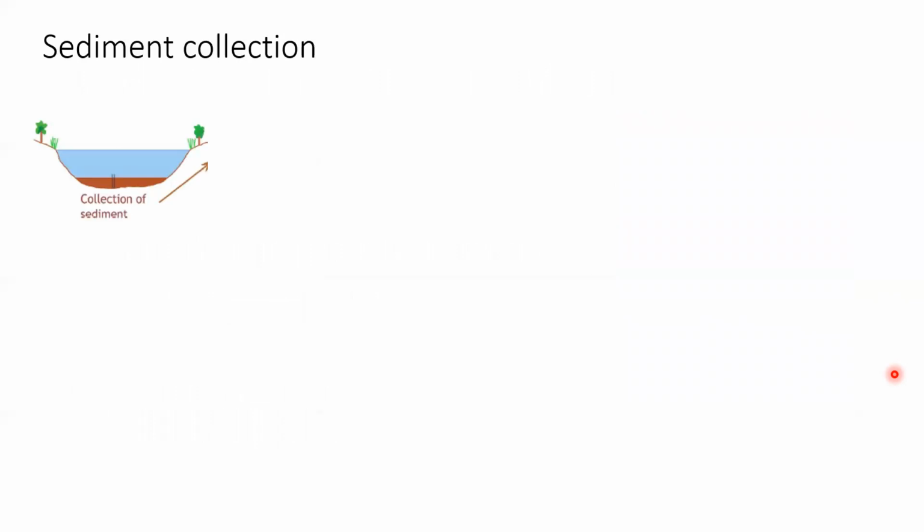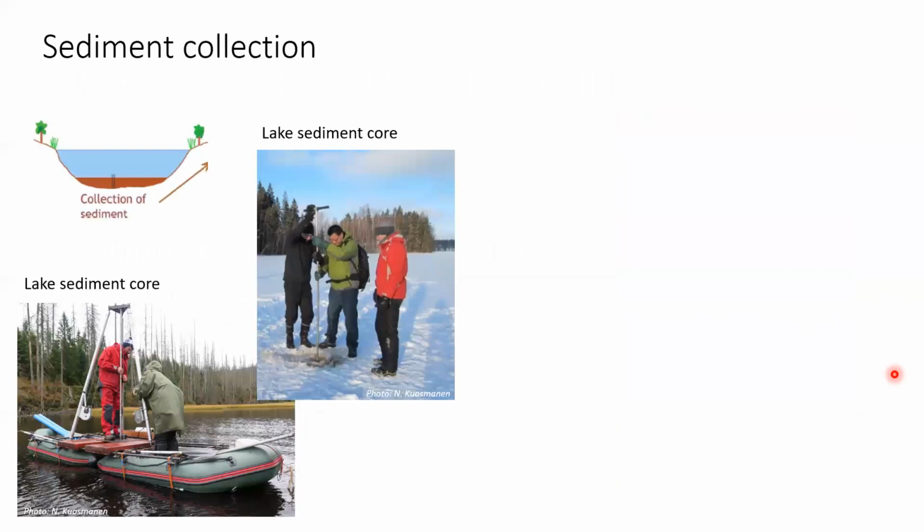So then the actual steps. When we have decided what we want to do, and what kind of environment or site we would like to collect the data from, the first step is finding the sites, and then the sediment collection. And there are different sites and different ways to collect the sediments.